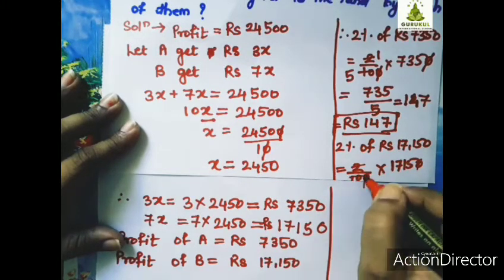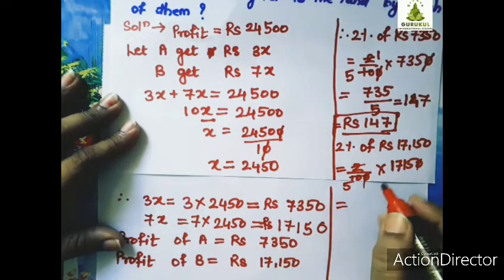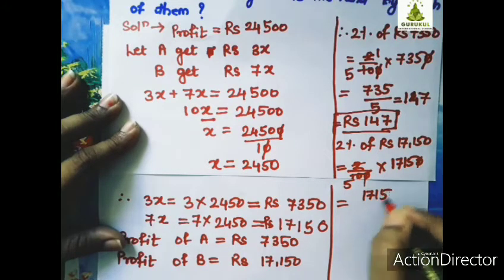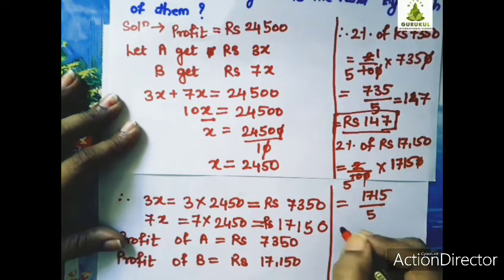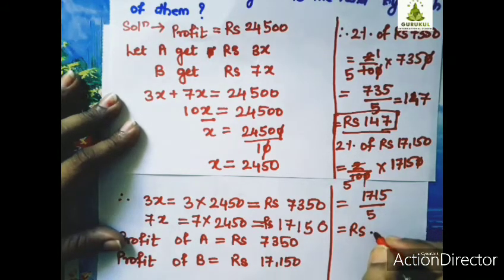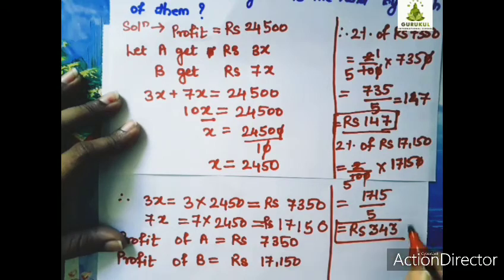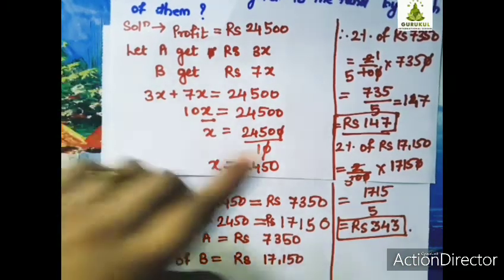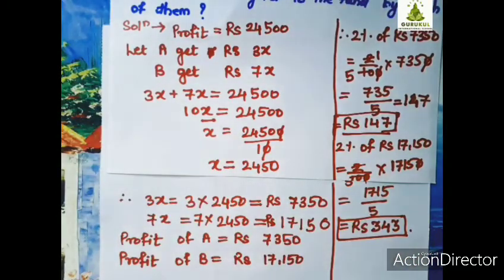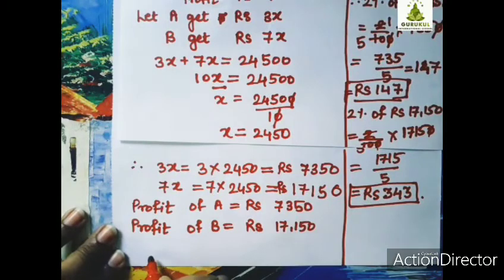Okay, so 1715 upon 5 will give you rupees 343. 5 3s are 15. 343, correct. So this is the amount given by B. Okay, rupees 147 is given by A and B donated rupees 343. So the final answer we will write down.